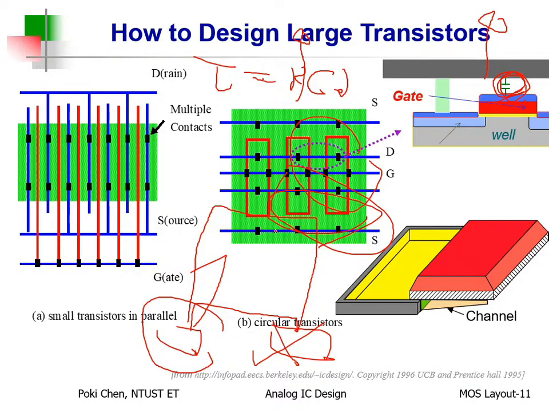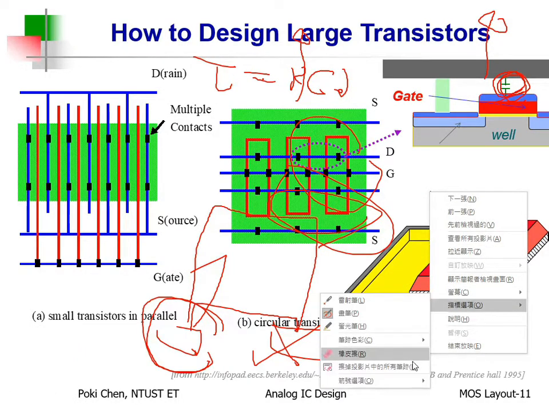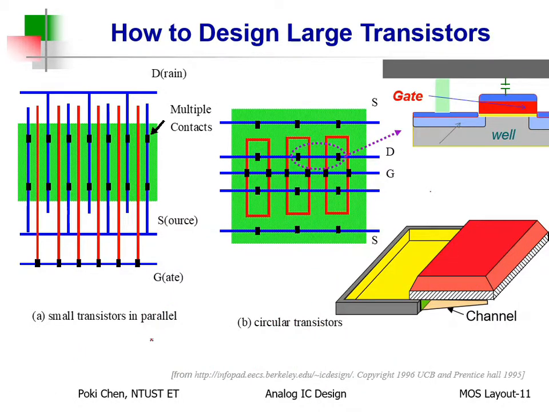From the first floor, inductor. If you would like to connect this device on the first floor to the top layer, it makes a lot of sense. Okay, for example, LNA. Usually in a low noise amplifier you have an inductor, then you have a transistor.